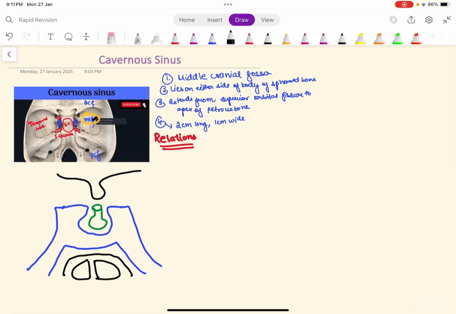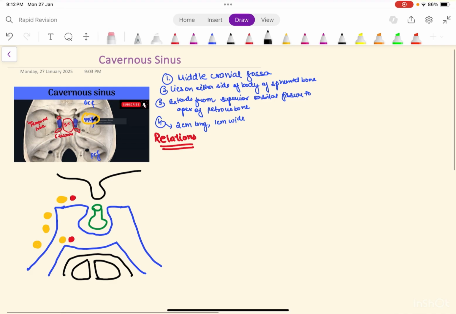This is the diagram which will help you to remember most of it. First of all, just know one pattern: 2, 3, 4, 5 and 6. Just remember this much. Then remember one artery outside, one artery here. So let's understand it.